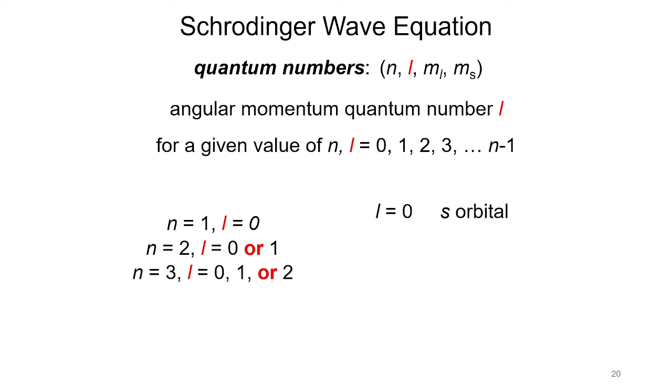For the third energy level, there is 0, 1, or 2. So the angular momentum is just a location or a space.